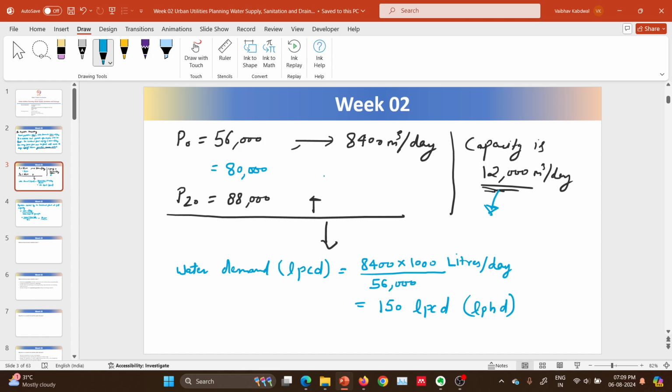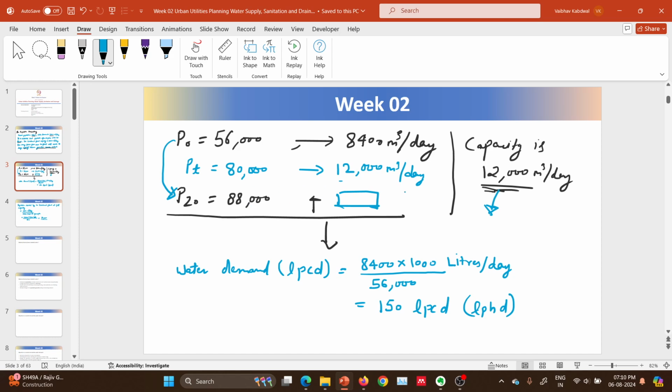So it will reach the capacity before 20 years. If the capacity had been more than the value required here, then we would need to calculate after 2 decades.